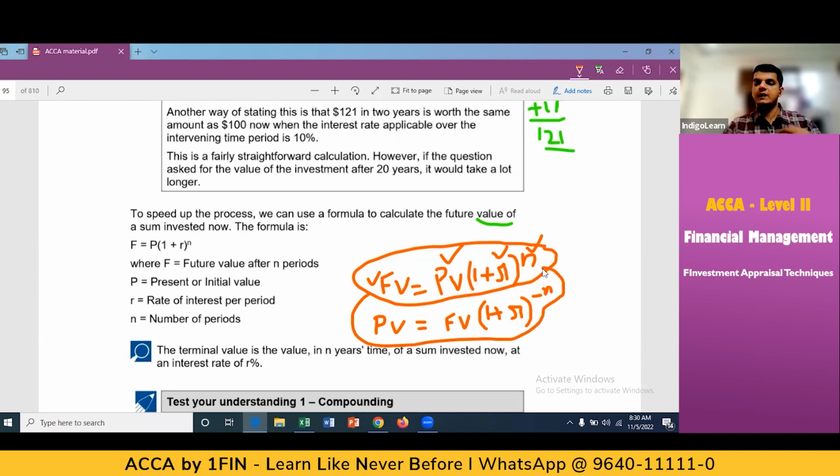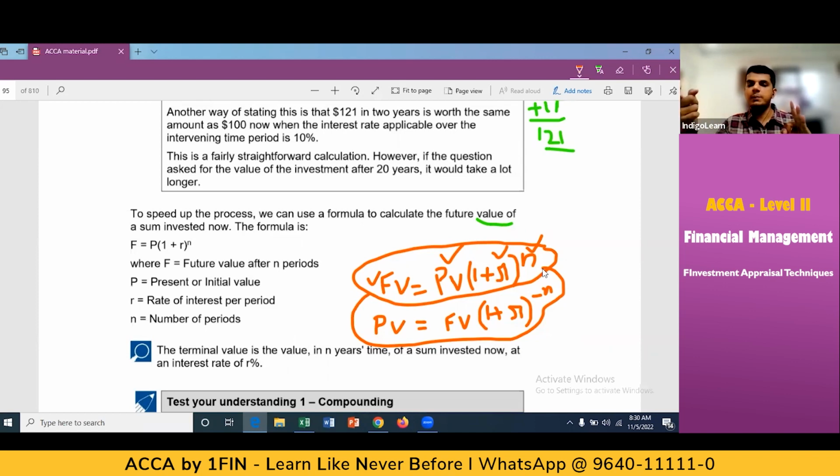Although if you ask, sir, do we have to calculate there? You have three options. First, you can calculate on the calculator. Second, you can calculate on Excel. Third, there is a discounting table which will be given to you in the examination. You can directly refer to it, but it has a limitation because it has coverage up to a certain percentage or for a certain number of years.